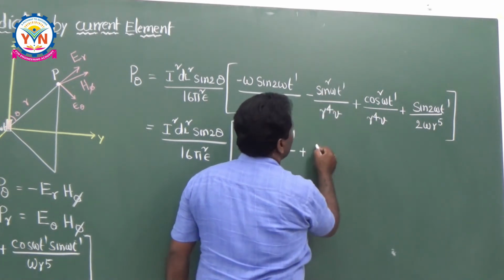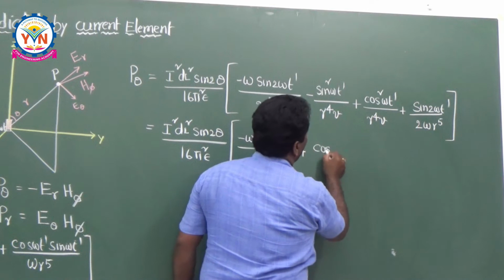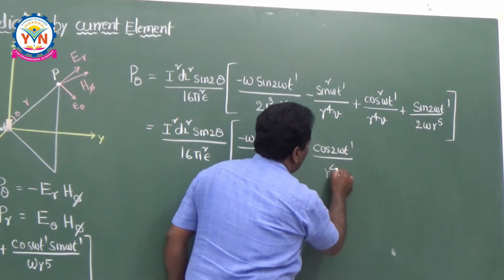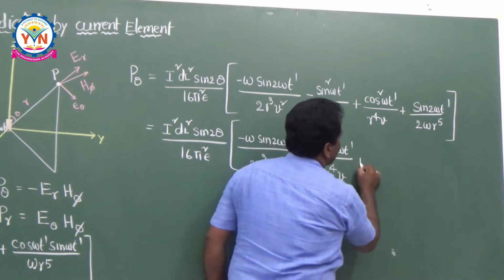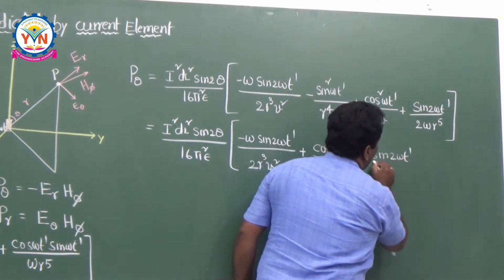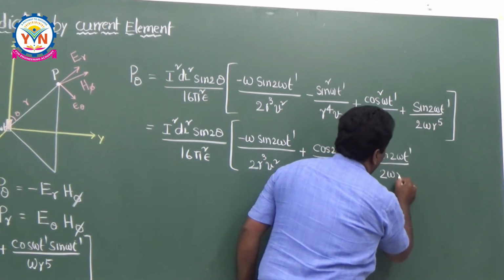So, plus cos 2 omega t dash divided by r to the power of 4 into v plus sin 2 omega t dash divided by 2 omega r to the power of 5.